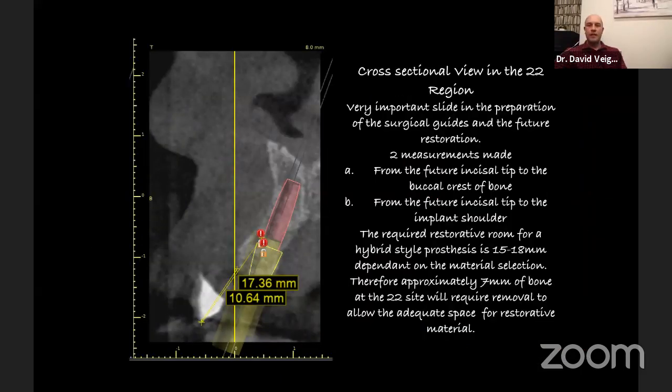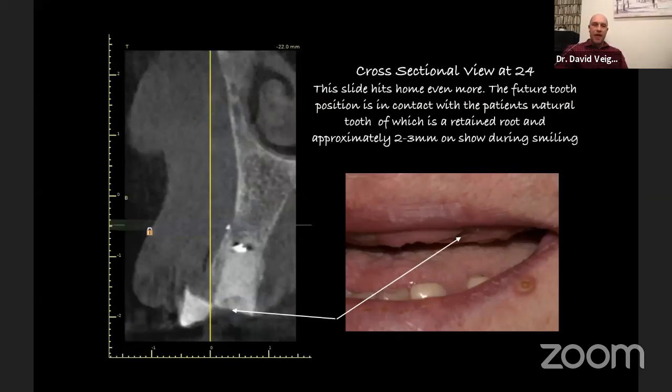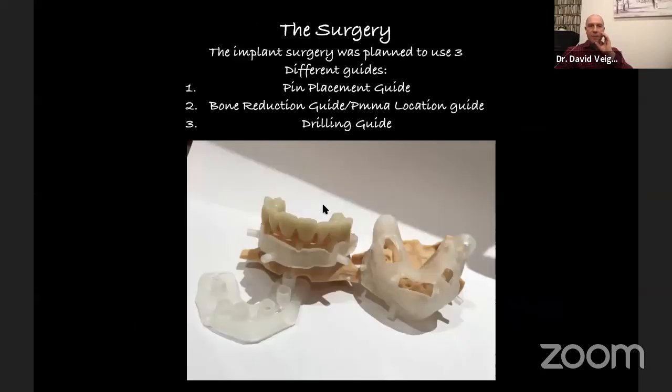What I've figured out from this is that my future incisal edge is at the bottom X here, and my implant shoulder is 17.36 millimeters away, which means I want to take away 10.64 millimeters of bone to allow me to have a 17 to 18 millimeter height of prosthesis. That's that tooth position and the radiographic marker relative to that tooth position, and also relative to that root. So here's my implant planning.